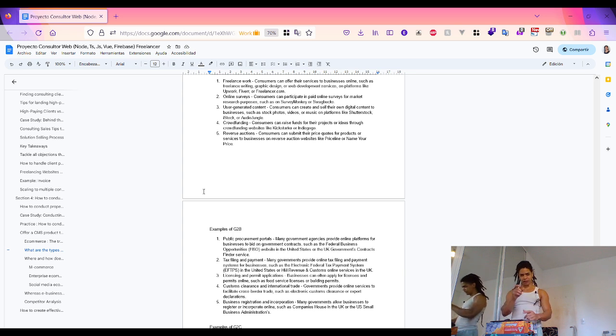Customs clearance and international trade is when government agencies provide services to facilitate cross-border trade, like electronic customs clearance or export declarations, which are documents that a company needs to provide to the government to import or export goods and services.